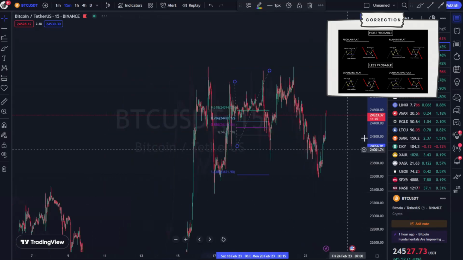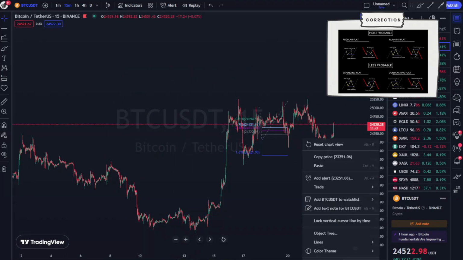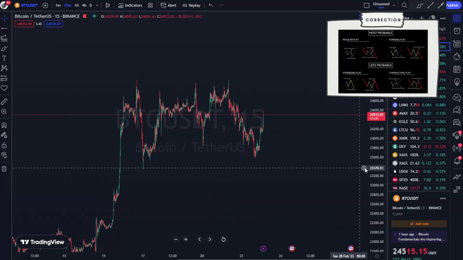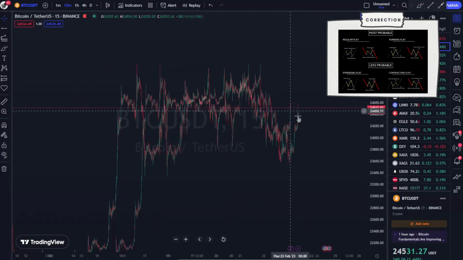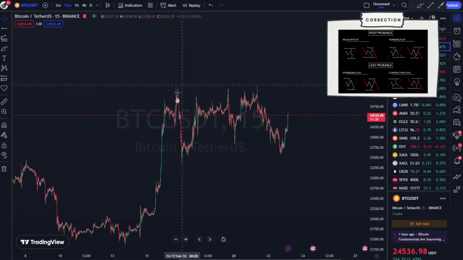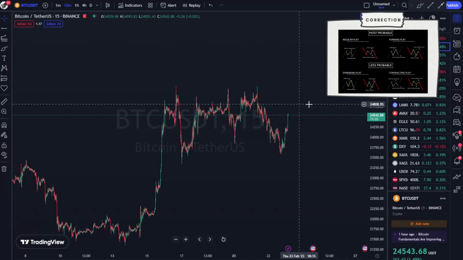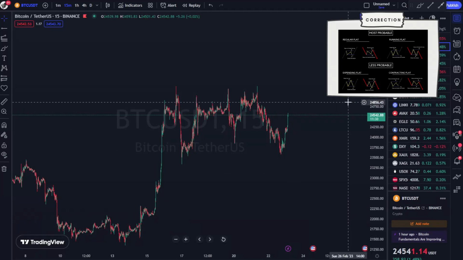So that's my thoughts about it. Now you can use whatever strategy you want. If you have some money liquidation things or whatever, you can use it, as long as you understand that this is a running flat and this is going to break the top. I'm trying to be as transparent as possible with you guys, because I know there are many methods, many strategies, and it's not all about the wave.